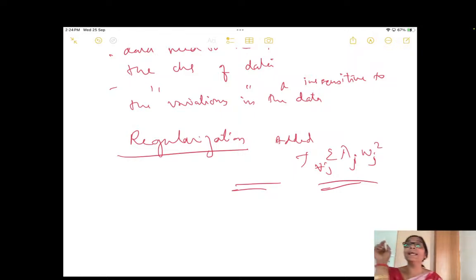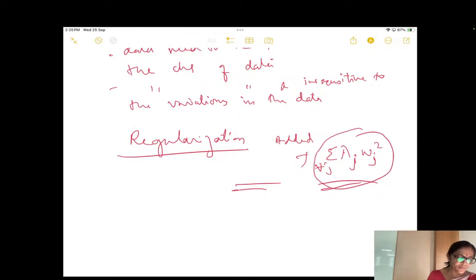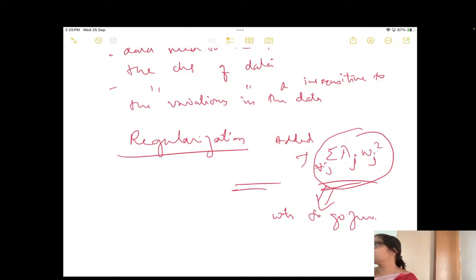We are making some weights go to 0. By adding this term, we are making weights of the model go to 0, unlearning those weights, or making those weights equal to 0.